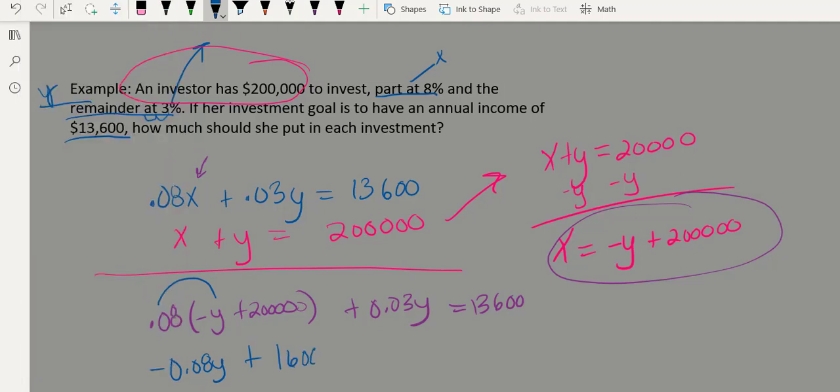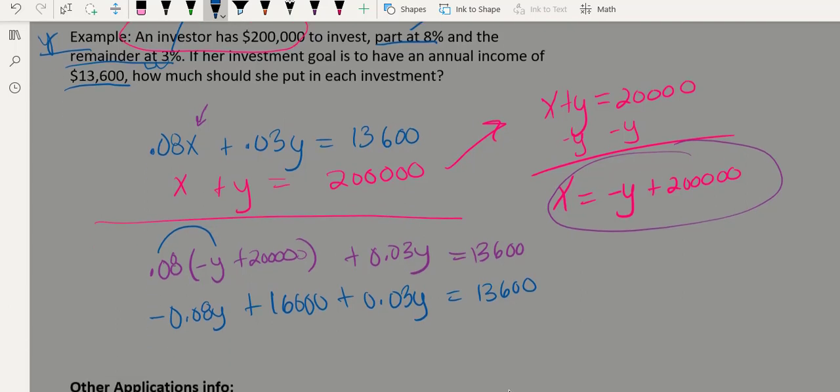So negative 0.08y plus 16,000, plus 0.03y equals 13,600.